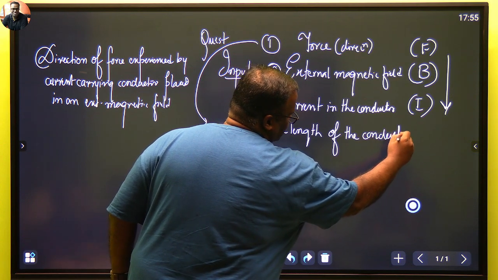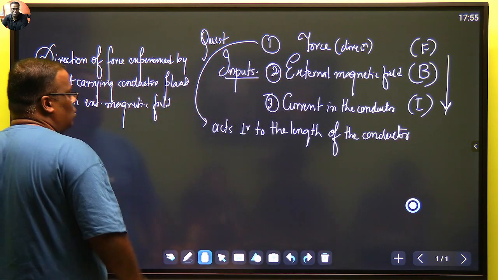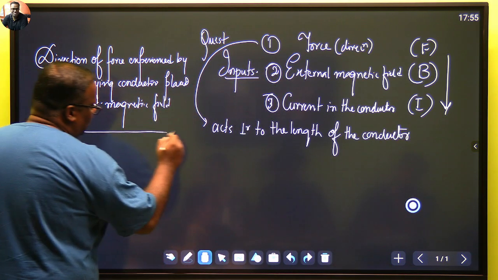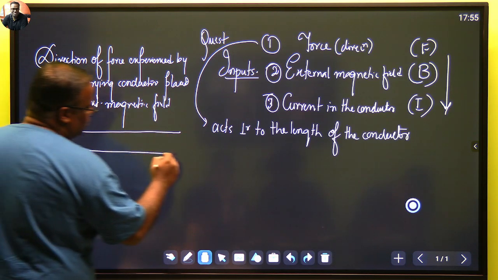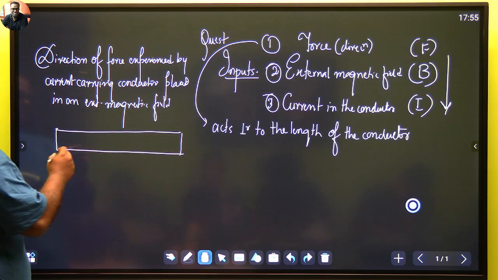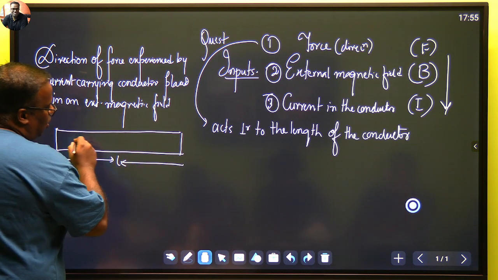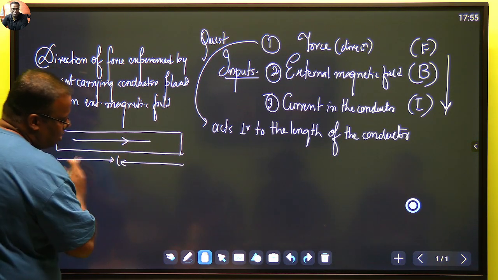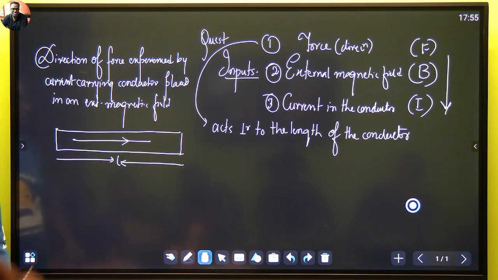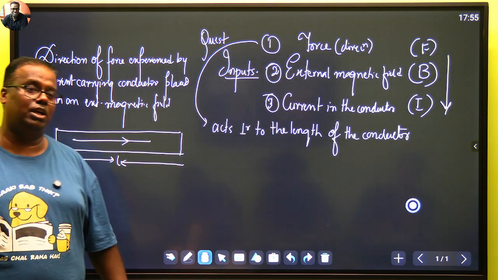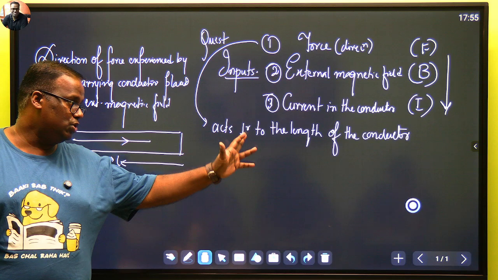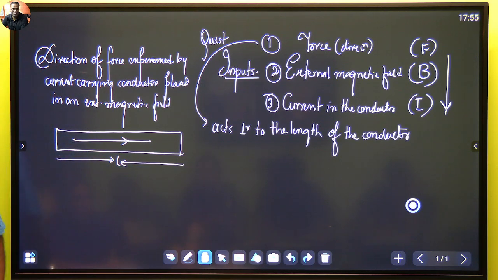In higher physics, when you go in higher classes, you will understand that length can also be taken as a vector. So suppose this is, and how do we take it as a vector? Suppose this is the length of the conductor L, ठीक है ना, ये length है और current इस दिशा में जा रहा है. So this is the length. The force will act perpendicular to the length of the conductor.